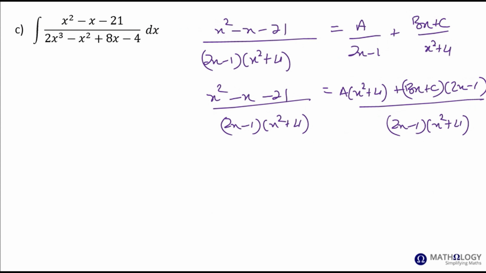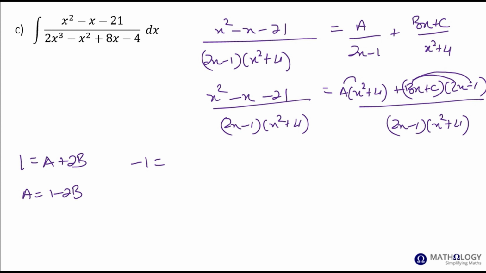Okay, so comparing the coefficients, we'll start with x squared. On the left we have 1. On the right we'll have a plus 2b. So a equals 1 minus 2b. Then we'll do likewise with x. So on the left we've got minus 1. There'll be no a here because there's no x term.